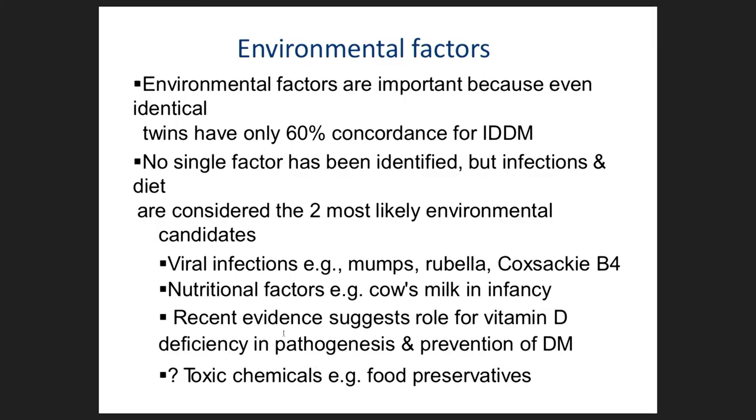Also, recent evidence suggests a role for vitamin D deficiency in the pathogenesis and prevention of type 1 diabetes. Vitamin D deficiency is very common in Saudi Arabia. That's why a lot of studies indicate that type 1 diabetes in children in Saudi Arabia is increasing year by year, maybe because of vitamin D deficiency.